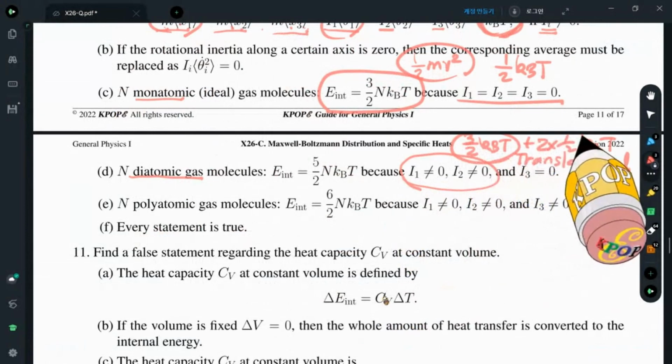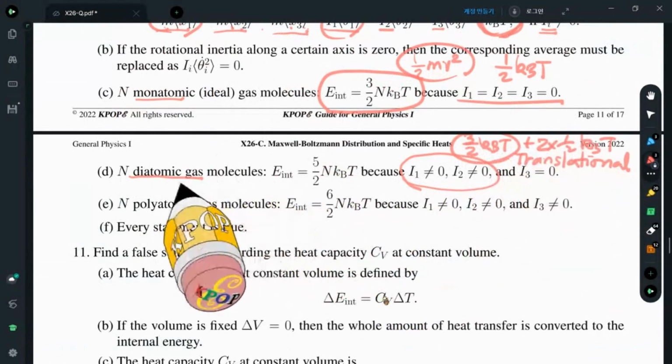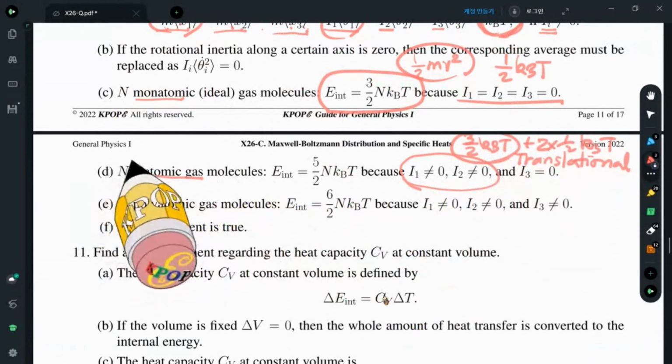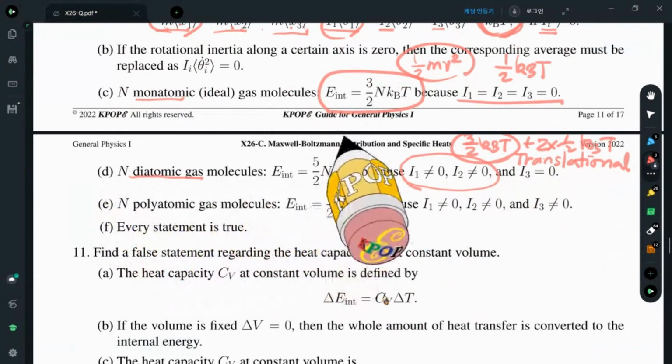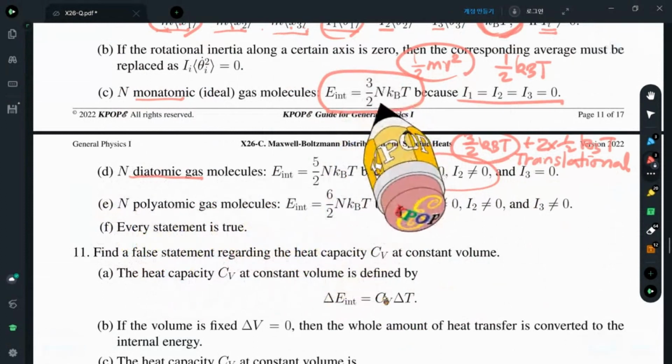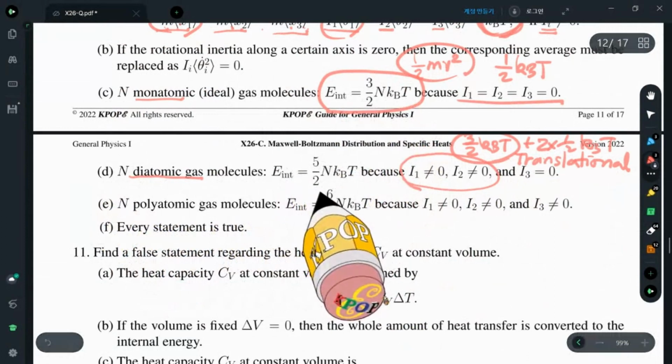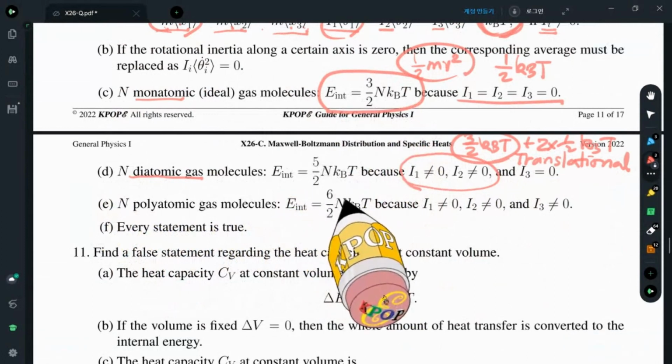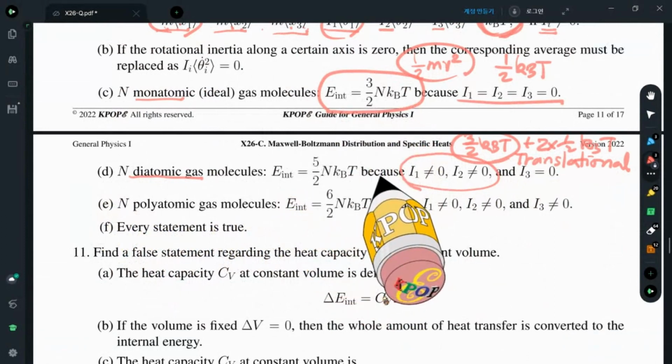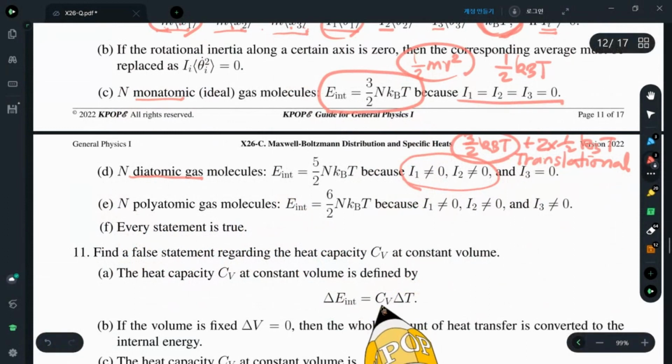That's the reason why the internal energy of diatomic gas is, instead of 3/2, 5/2 of n kBT.